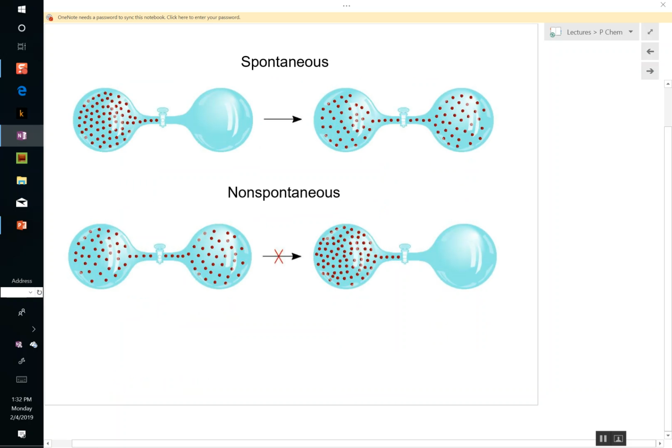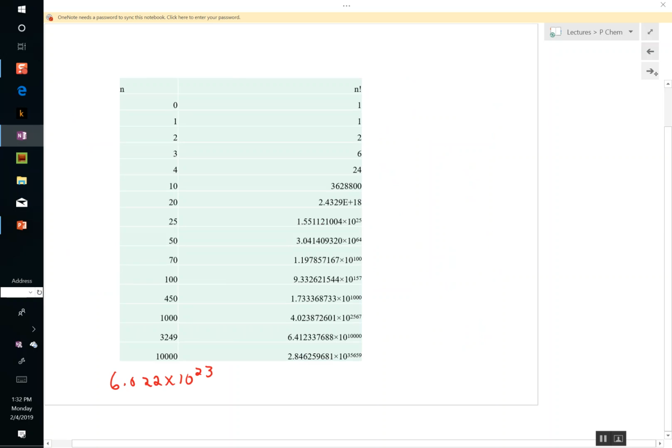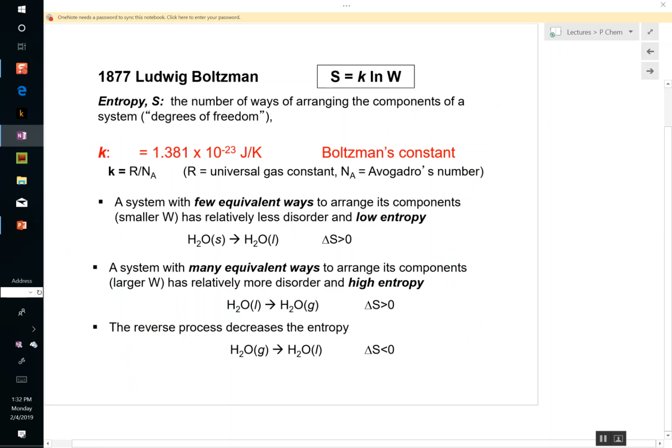And Boltzmann's contribution is that's what's driving this, that it evenly distributes like that has to do with probabilities. And he came up with, so this is what gets into entropy.